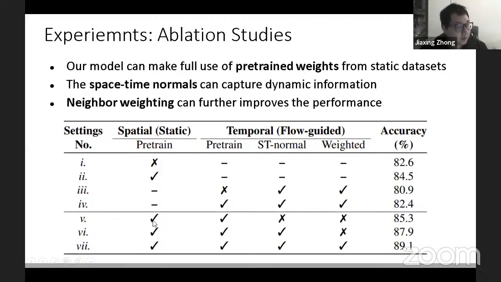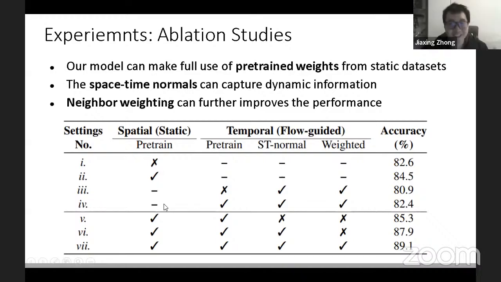But in the fourth line, we try to remove the static parts, and in the fifth, there is no static part. So number 4 means there is no static part in the network at all.